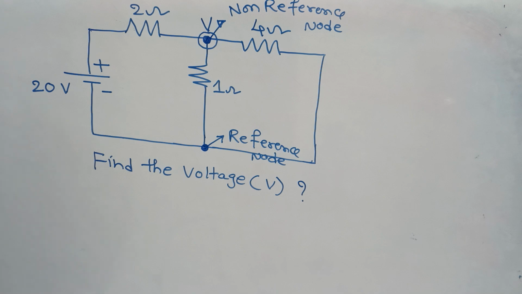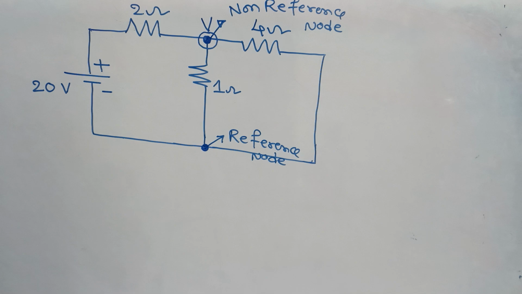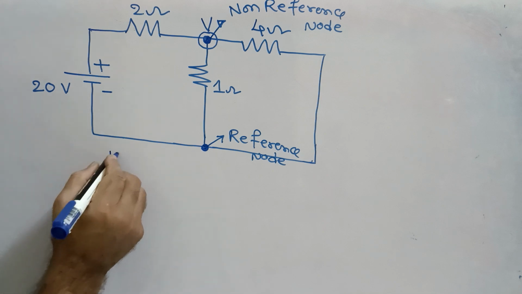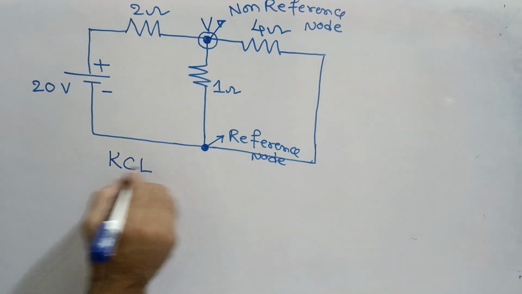Now, how will nodal analysis be applied to determine this voltage? It is very simple. Normally we use the concept of KCL, Kirchhoff's current law.